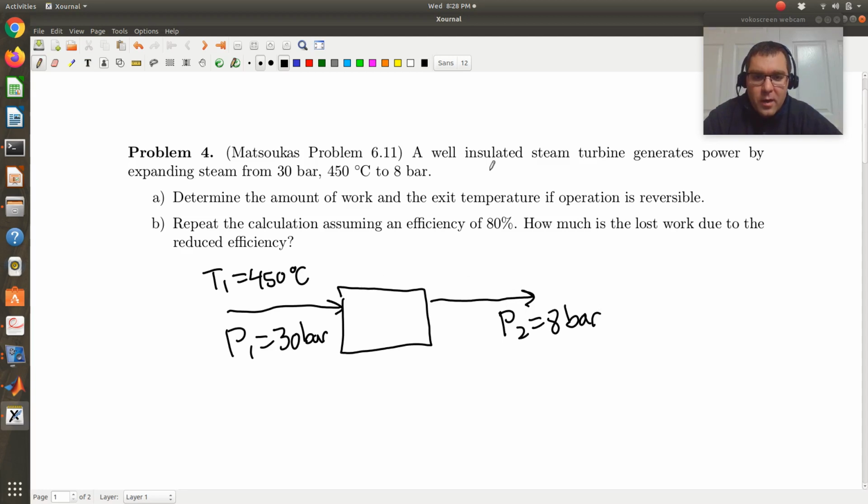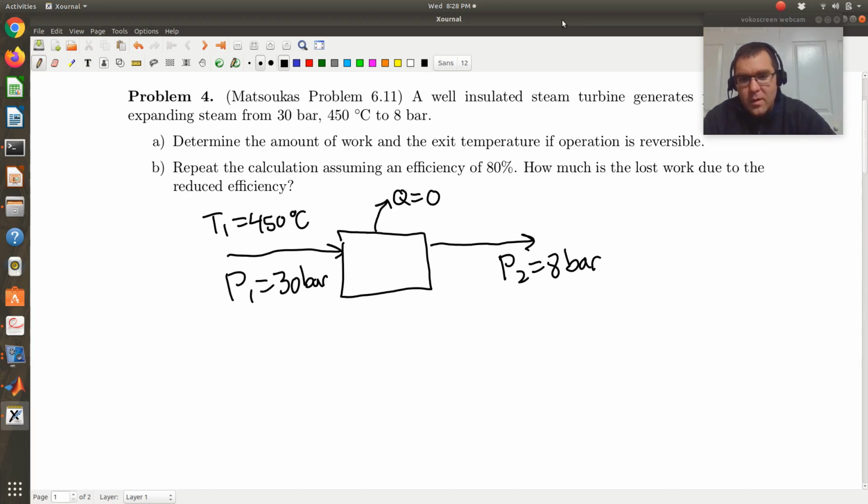We're told that our system is well insulated, so I would take that to mean that Q is equal to 0. There's no heat exchange between my system and surroundings. And we're also told that operation is reversible in A. All right, so in A, we're told that we have reversible operation.